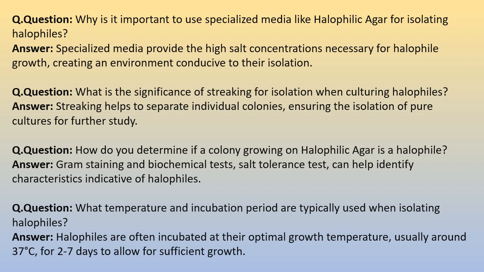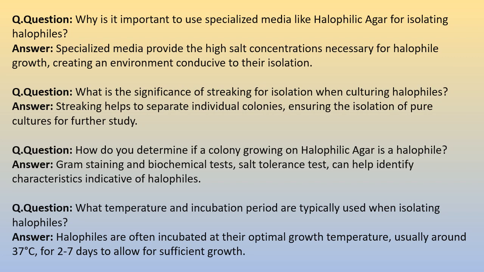Okay, now what is the significance of streaking for isolation when culturing halophiles? Not just halophiles, acidophiles or thermophiles, etc. Now, streaking helps us separate individual colonies, ensuring that we get a pure isolated culture for our further tests or experiments. Now, how do you determine if a colony which is growing on a halophilic agar is a halophile?